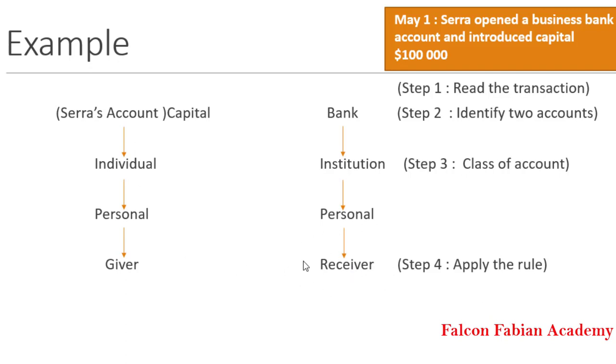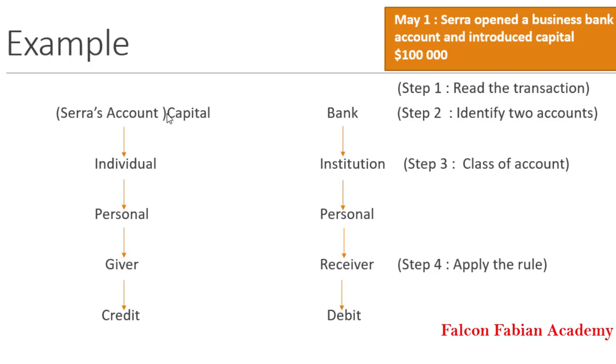To the business bank account. Therefore the bank account is the receiver of this money. So Sarah is the giver and bank account is the receiver. So the rule says that debit the receiver. So we are going to debit bank account and credit the giver. So therefore we are going to credit capital account.